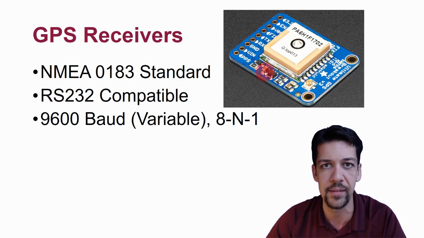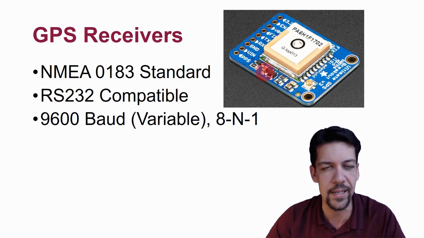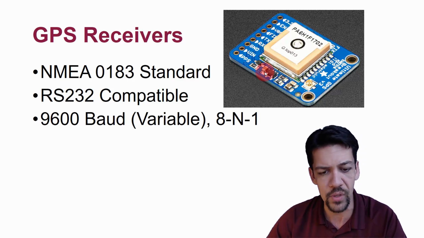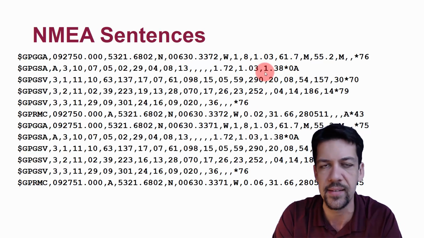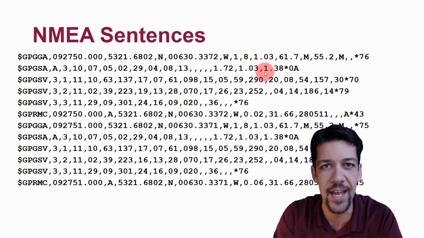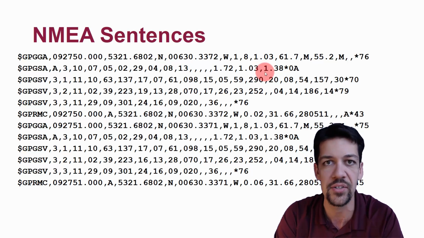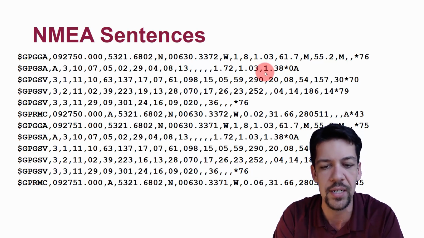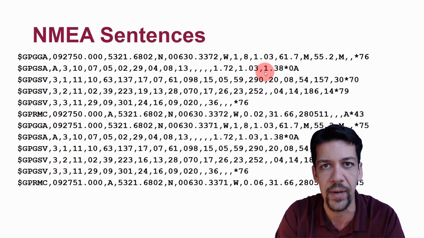You can set it to higher or lower speeds if you need to, with an 8-N-1 format. What you end up seeing from one of these devices is something like this. This is what's called a log of NMEA sentences. Each of these sentences captures some information about the GPS fix, the GPS antenna's current location, the quality of that signal, and all kinds of other stuff that we might find useful.